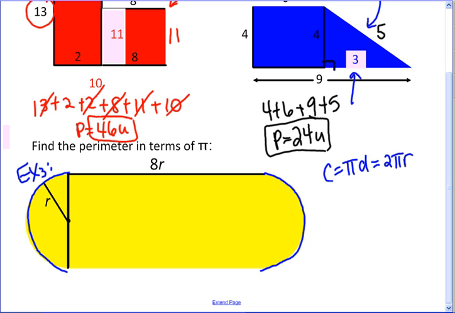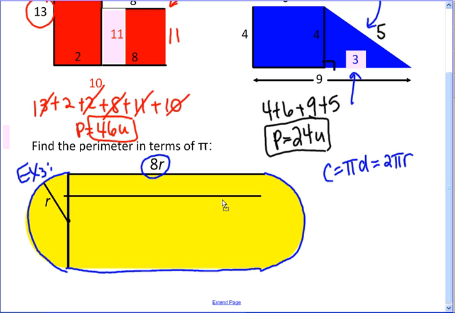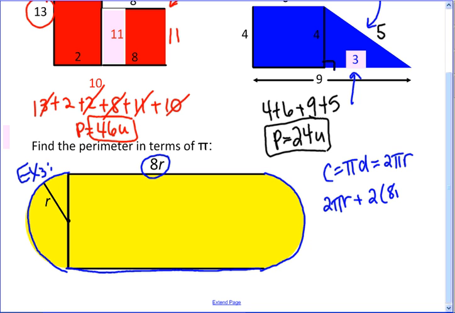And then I have to add to that the length of the side. We know that that's going to be 8r as well. So I have 2 pi r, the circumference of the circle, plus 2 times 8r, because I have 2 side lengths that are 8r in length. That's 2 pi r plus 16r.